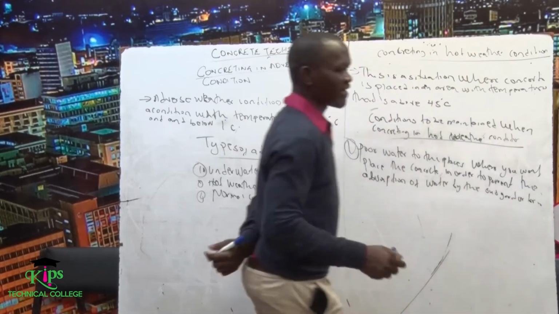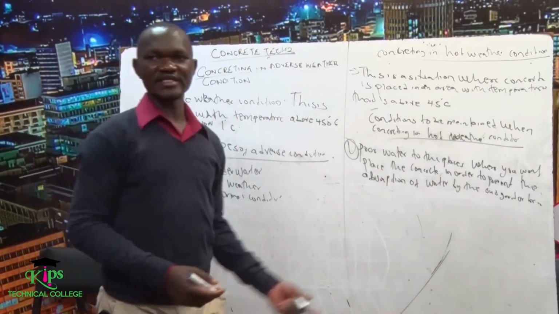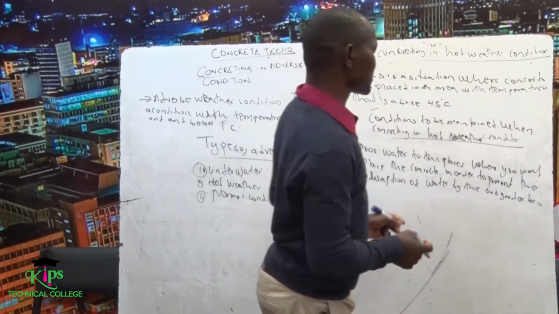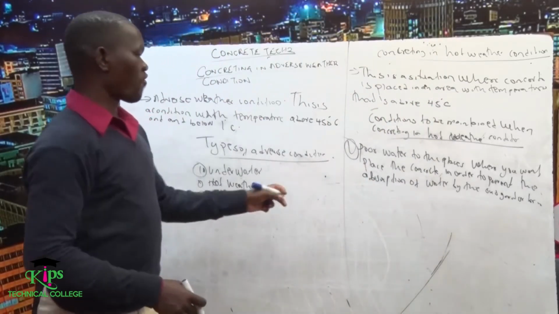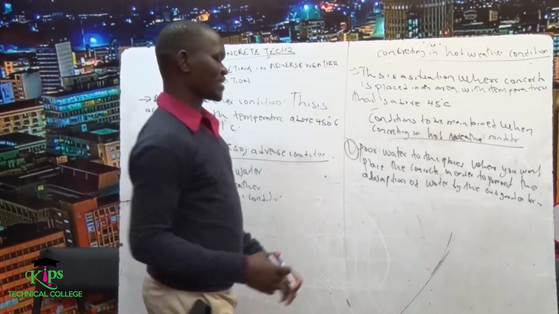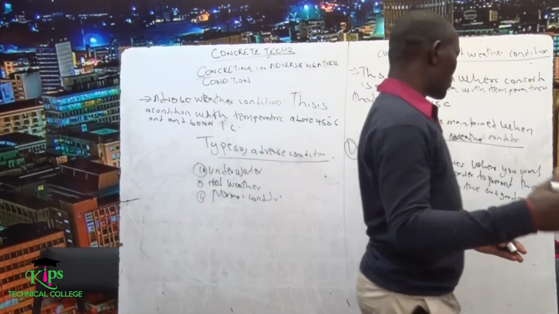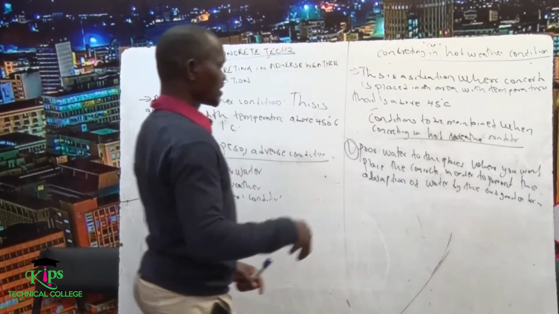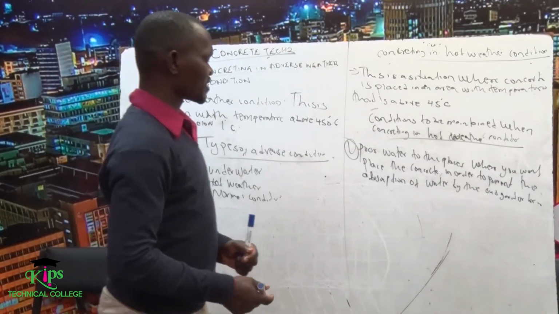For example, if we want to cast our concrete in bases, before we place any concrete in this base, we have to pour water into these bases. This will prevent the absorption of water by the soil, since you know this soil is very dry.